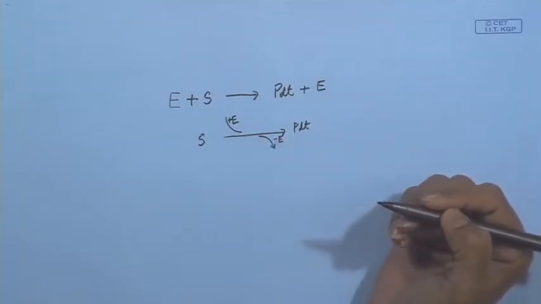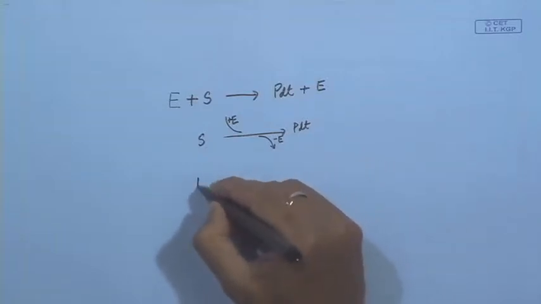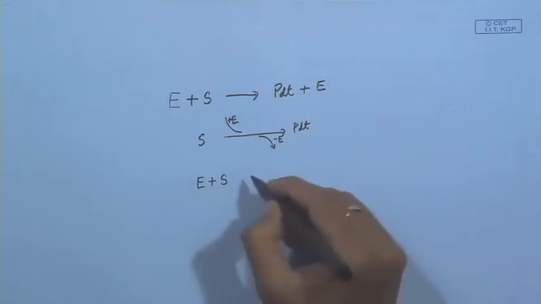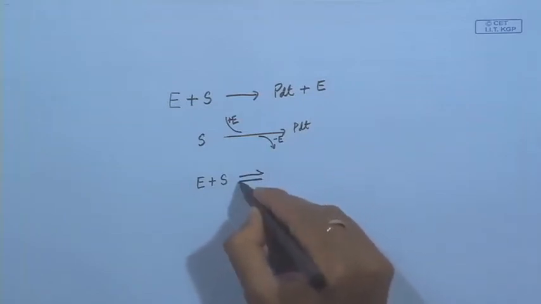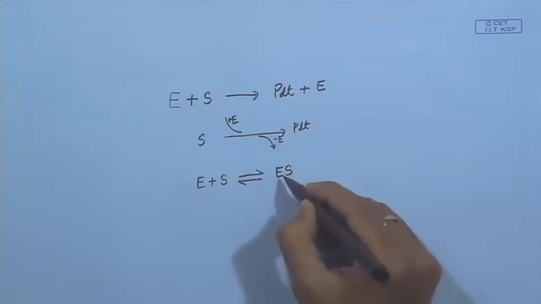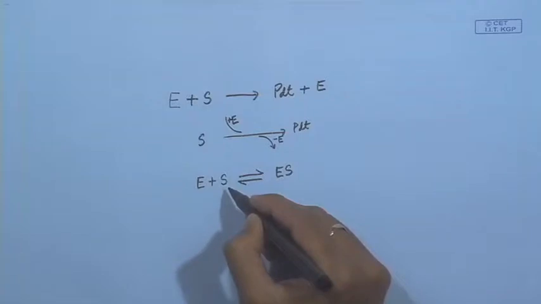So, this is known to occur via a complexation process, that is the enzyme first reacts with your substrate, and it produces the enzyme substrate complex. So, the enzyme substrate complex is in equilibrium with enzyme plus substrate.